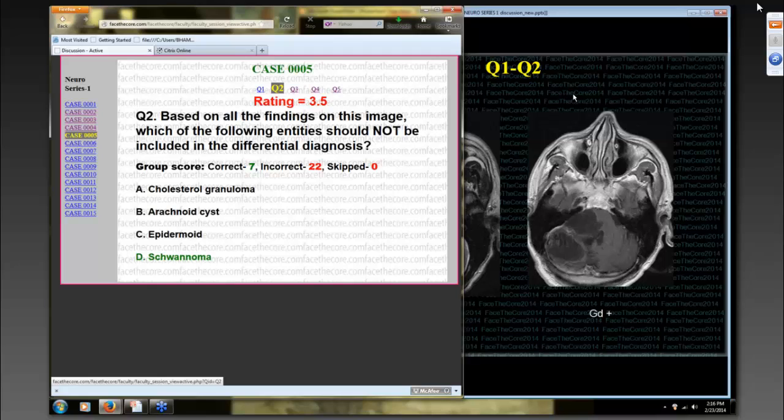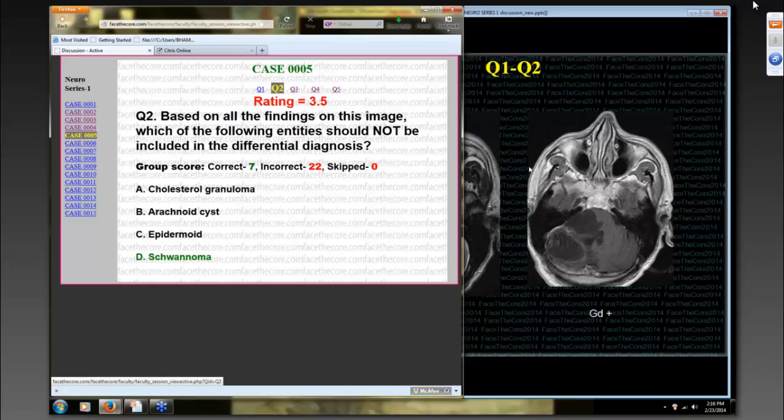Both are cystic in nature, and both do not enhance. And of course cholesterol granuloma can extend into the posterior fossa like this, huge, and that also is a non-enhancing lesion, and it can be bright on T2, and it can also be bright sometimes on T1.